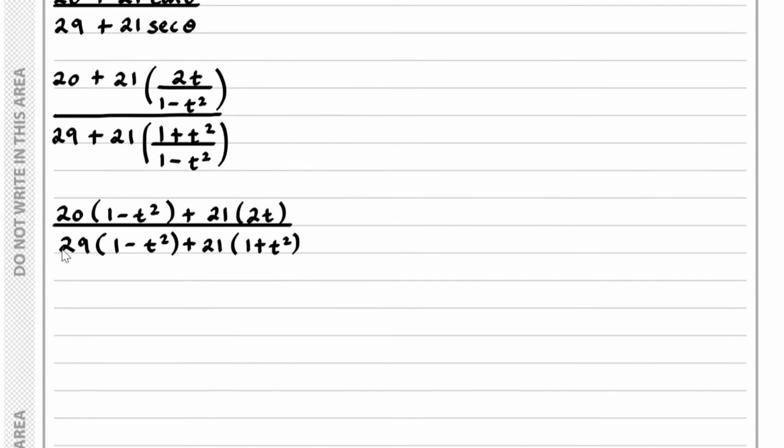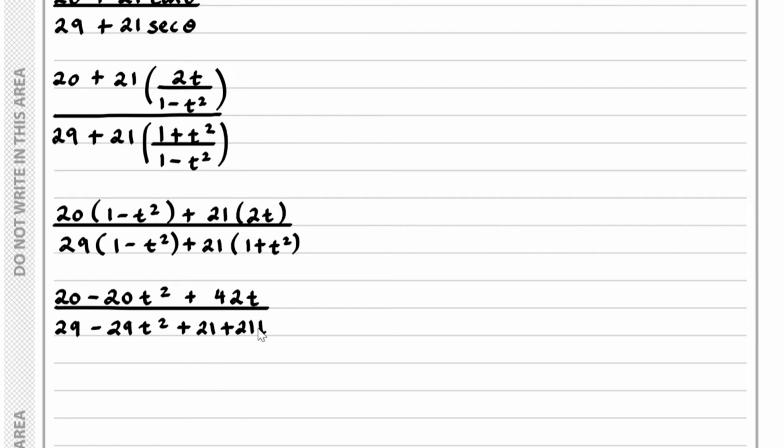Now let's expand out. We've got 20 subtract 20t squared plus 42t on the top, and on the bottom we've got 29 subtract 29t squared plus 21 plus 21t squared.